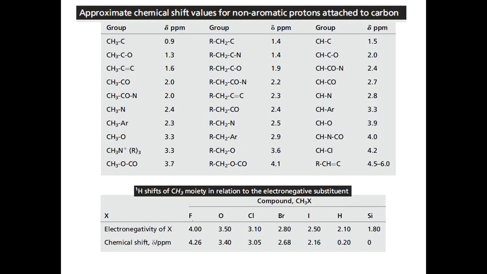But if the proton is deshielded, it does not have electron density near it because of the presence of electronegative groups, electron withdrawing groups or a pi system, which pull away the electrons from the proton. Then the proton becomes deshielded. It will have a direct influence from the external magnetic field, so the chemical shift value also increases.